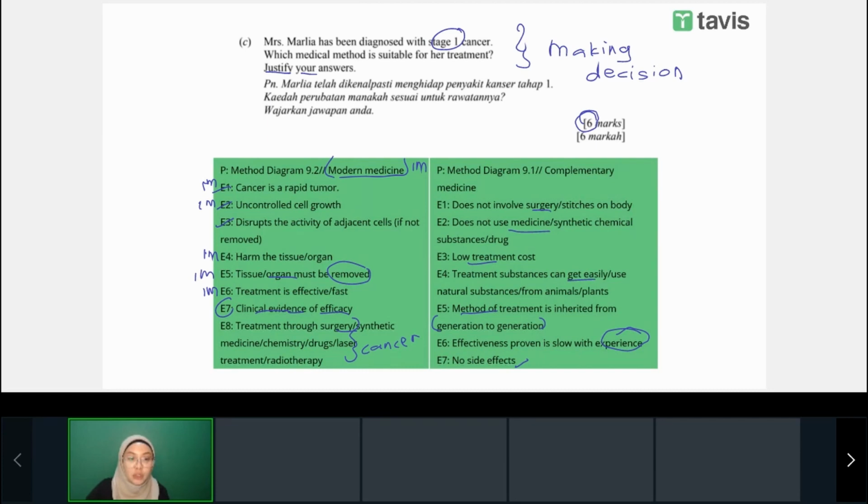If Puan Malia undergoes the modern medicine, she will probably undergo chemotherapy or radiotherapy, which will give adverse effects to Puan Malia. So you are done providing your reasons. This making-a-decision question usually gives 1 mark for your choice, and another 5 marks for your reasons. Please provide more than 5 if you're not confident. If you're confident that your 5 points are enough and correct, just give 5 reasons.